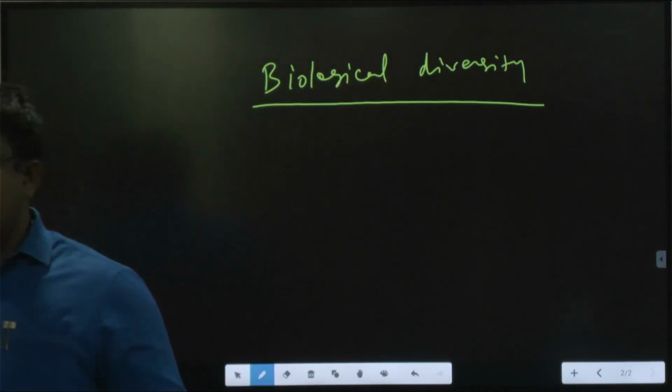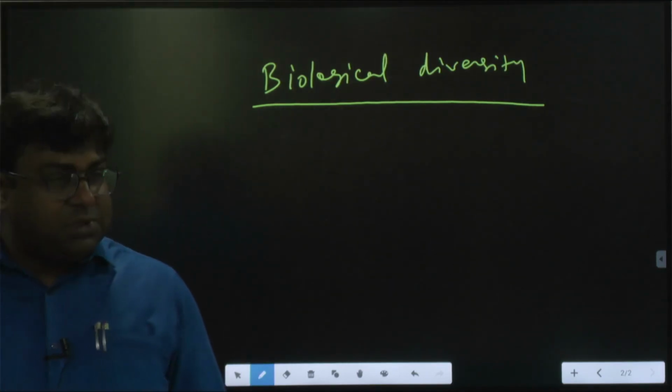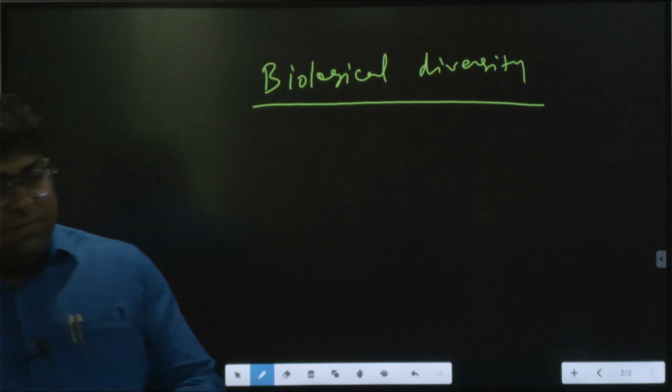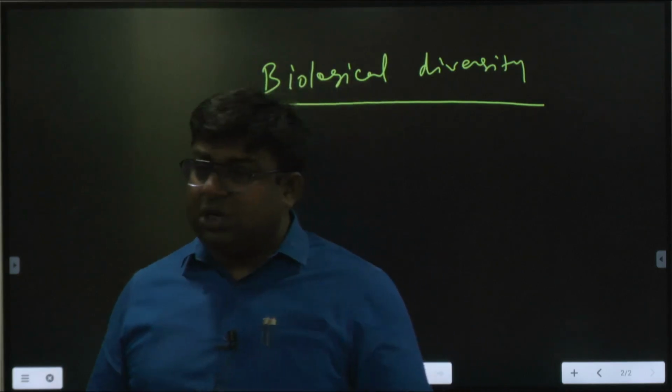I am not talking about the number of organisms. I am talking about types of species which have their presence on Earth. It is an estimate of researchers.